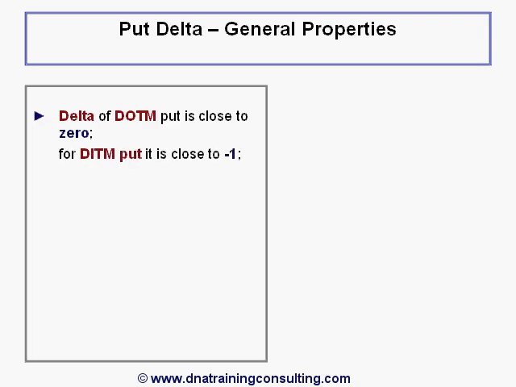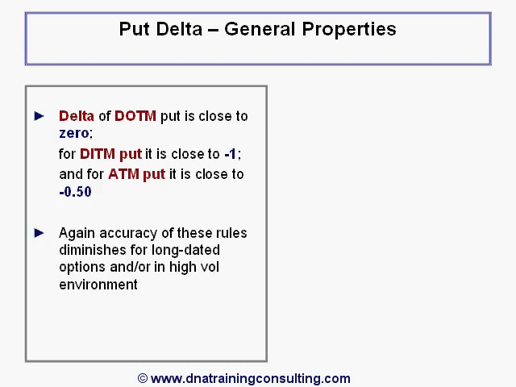For a deep in the money put, it is close to -1, and for an at the money put, it is close to -0.5, all of which again can be formally shown to be more or less correct and to become more accurate as the time to maturity approaches 0 and volatility is low or moderate, and less accurate for long-dated options in a high-vol environment.